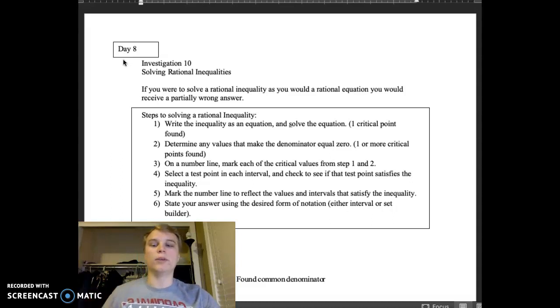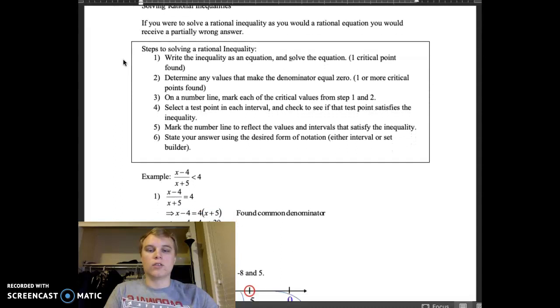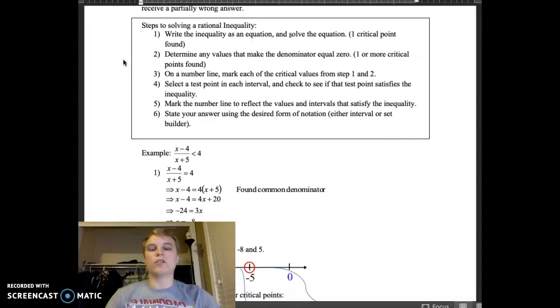So today we're going to be going over solving rational inequalities. It's very similar to solving radical inequalities that we did before, but in this case it'll be rational functions instead of radical. Makes sense. So the steps for solving a rational inequality are similar to radical inequalities, but there's a slightly different order and you don't have the radical, obviously.